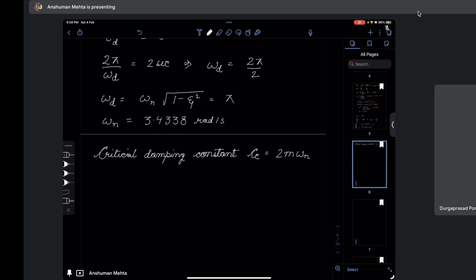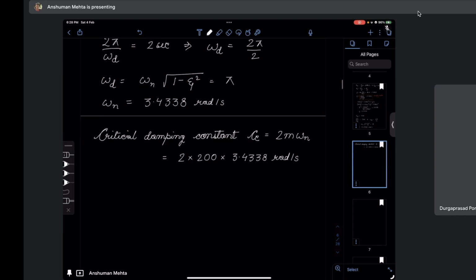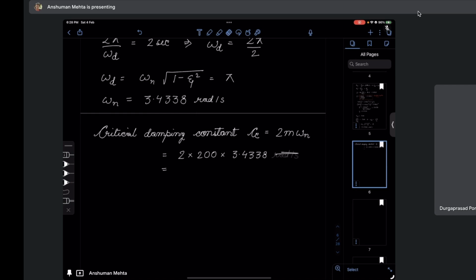M we know as 200 kg, so 2 into 200 kg into omega n, which we just found out is 3.4338 radian per second. The unit of Cc is Newton second per meter, and the whole expression comes out to be 1373.54 Newton second per meter.